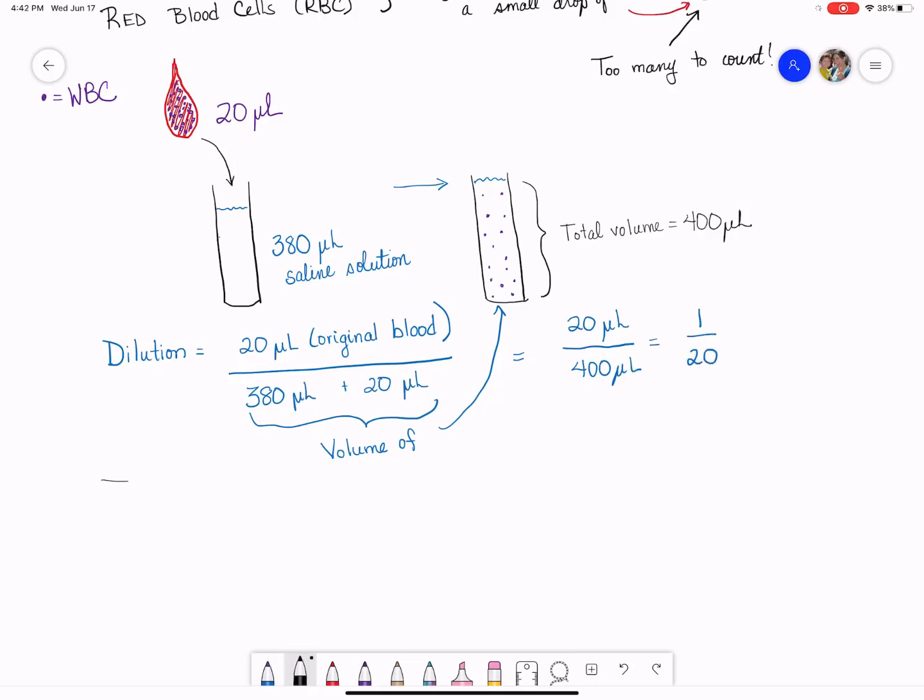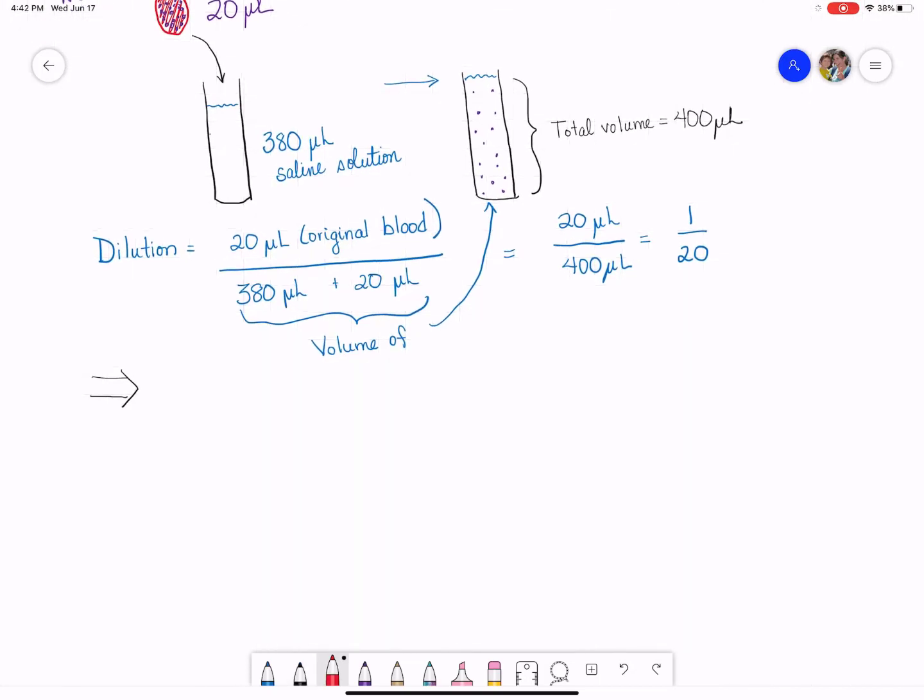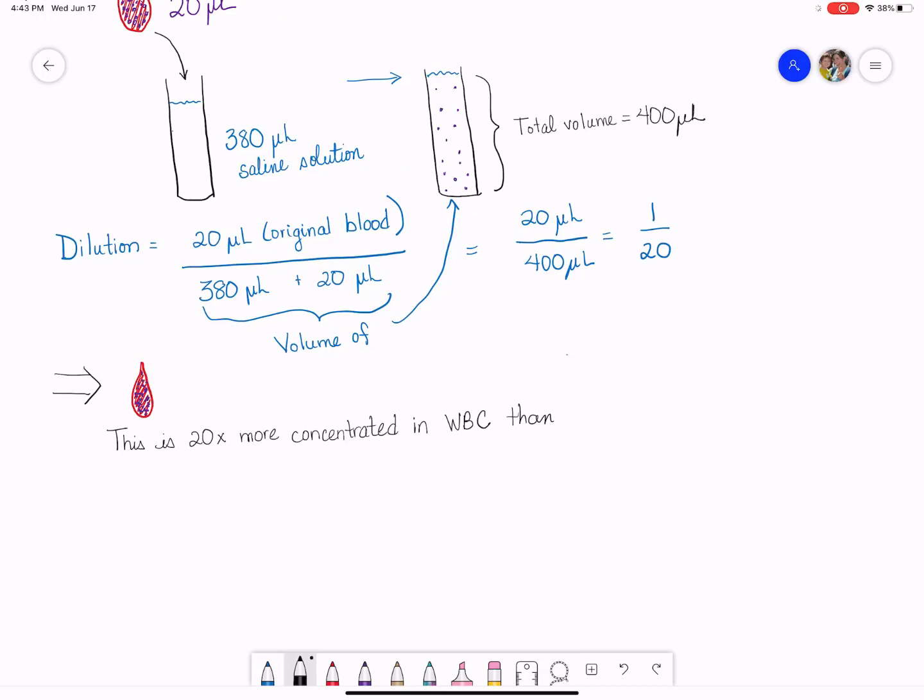So this is a 1 in 20 dilution. And what that means is that the real blood sample, the original blood sample, is actually 20 times more concentrated than this diluted sample that I just made by taking 20 microliters of blood and diluting it in 380 microliters of saline solution.